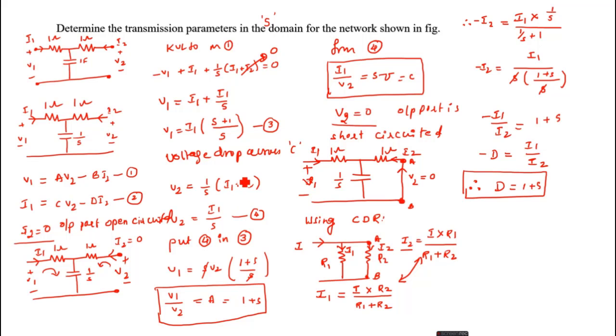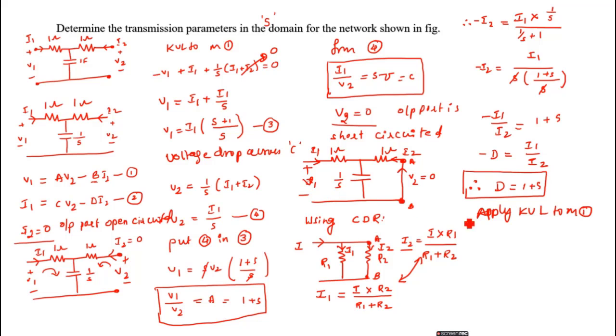Alright. Next, we are in need of the value B. To calculate the value B, apply KVL to mesh 1. What is KVL to mesh 1?